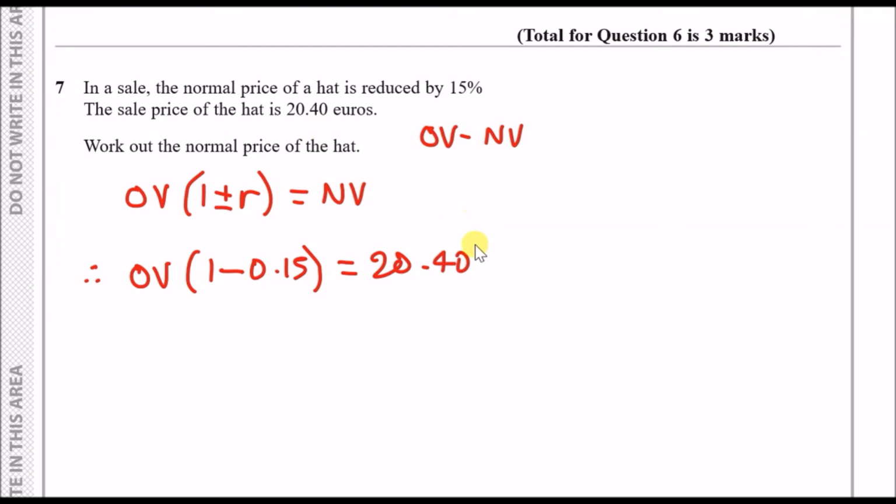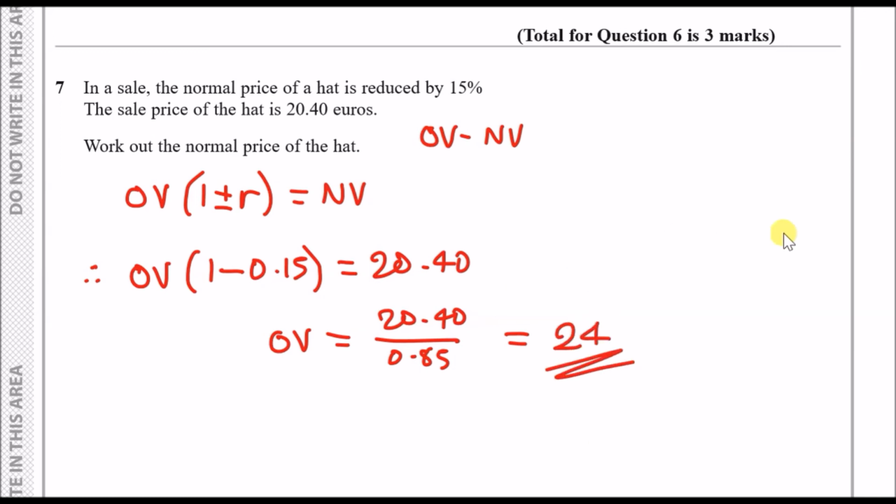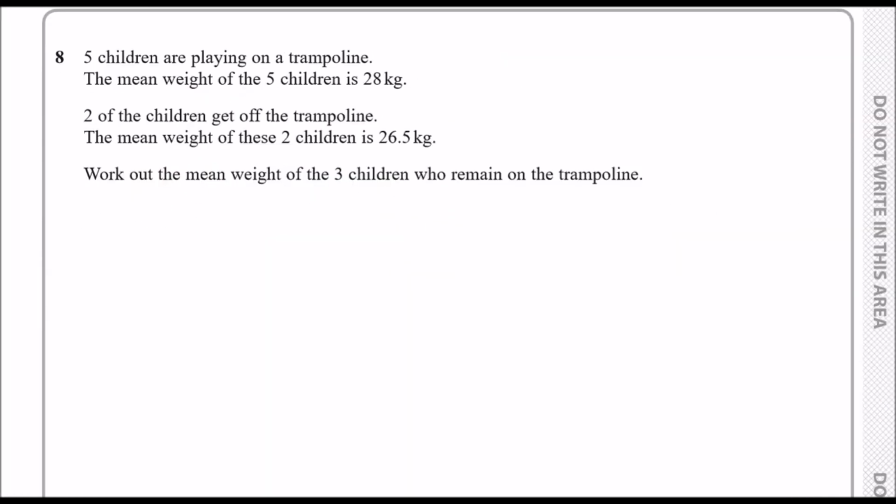And all you literally have to do, guys, is just make OV the subject. To do that, we just divide this bracket across. So you're going to have OV equals 20.40 over 1 minus 0.15, which is 0.85. Then put this in your calculator, and you're going to get an actual normal price of 24 euros. And that's it.